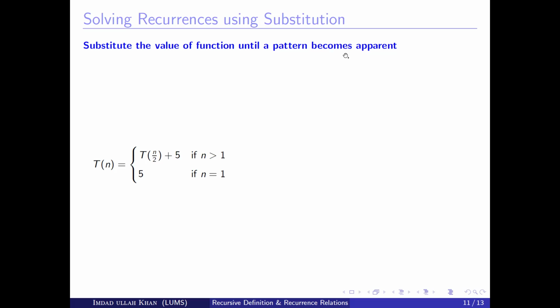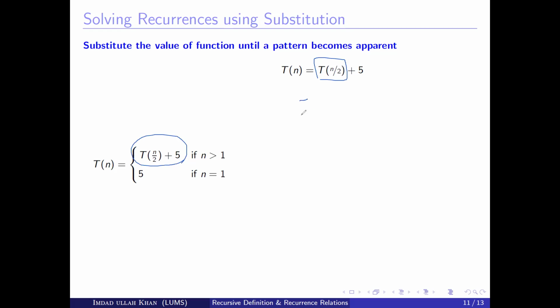So we start with Tn, and we do the similar kind of stuff which we did previously for the tower of Hanoi puzzle. We focus on this part. We need to substitute this answer using the recurrence relation.